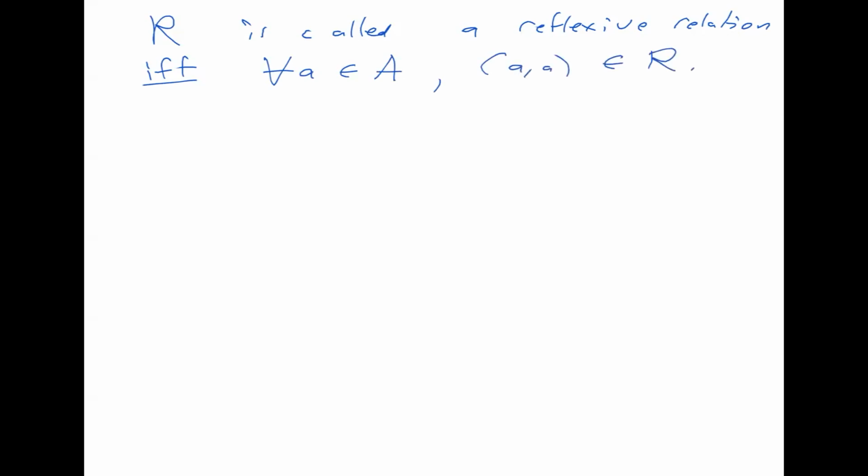So is there a way to simplify what that's saying in a little bit easier way to understand? What does that mean? R is defined as a reflexive relationship if and only if for all elements in the set of things or people or whatever, the point AA is in the relationship set.